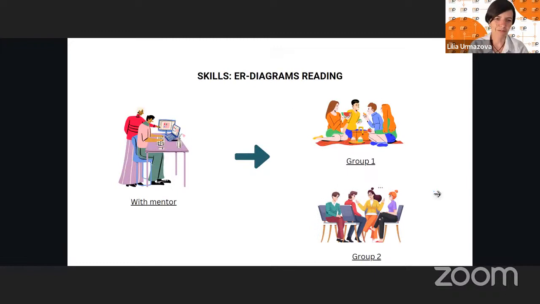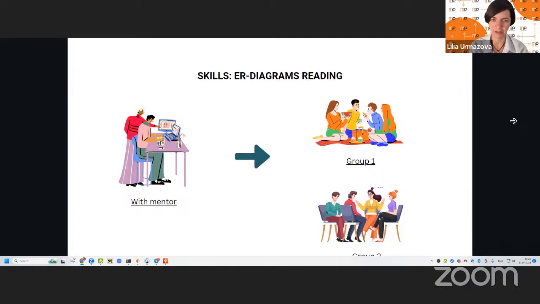Now it's time to train that knowledge. So you have the knowledge, and this is the plan. Your material was about ER diagrams, the very basic things regarding the database. And I have 3 ER diagrams for you. We will start with the first ER diagram together and try to understand it together.